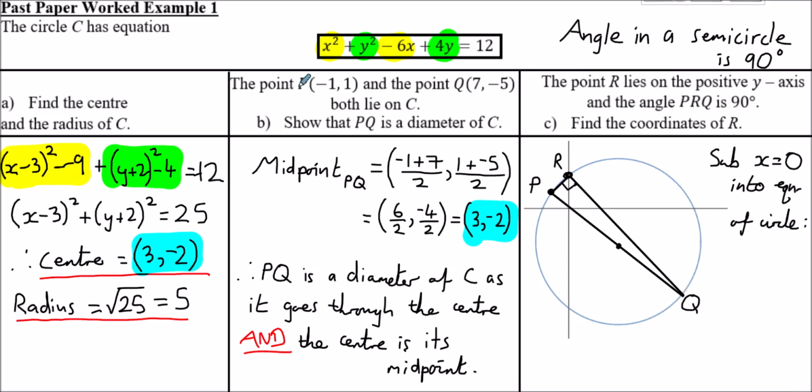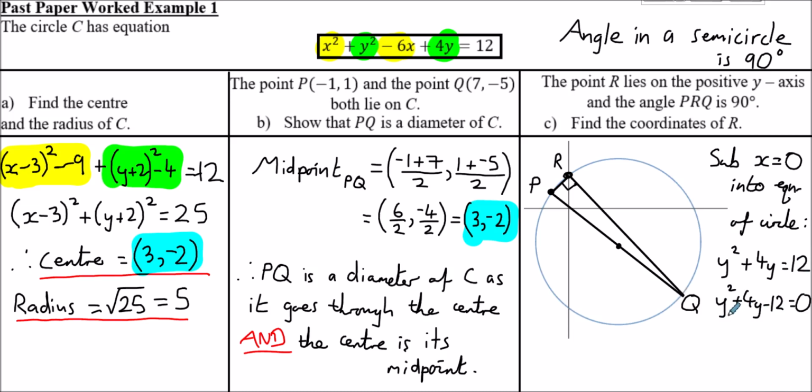If x was 0, we're just going to be left with y squared plus 4y equals 12. We can then rearrange this. So we get y squared plus 4y minus 12 equals 0.